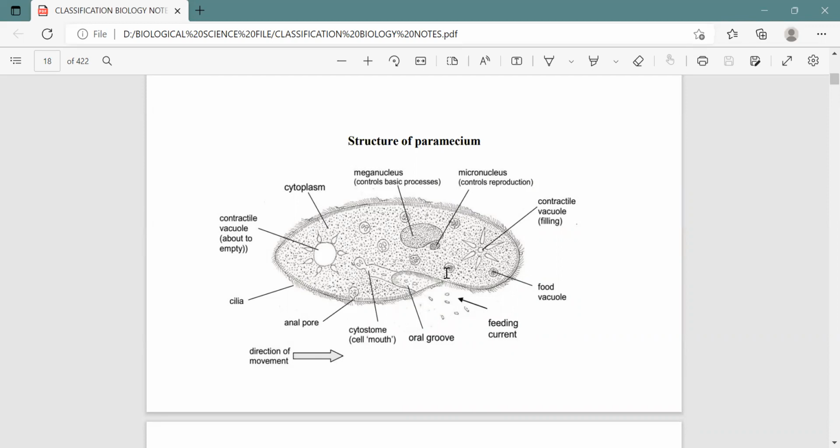You can see the cilia on the cell surface, and these are tiny, microscopic motile structures that help to propel that single-celled organism.